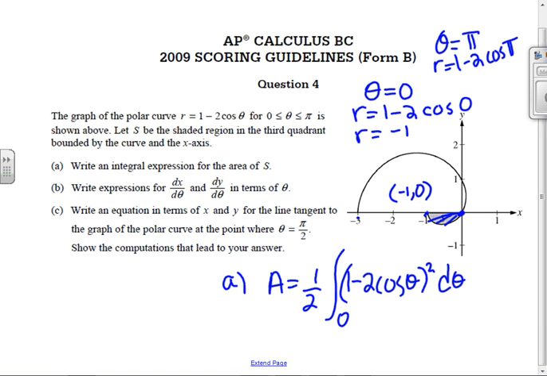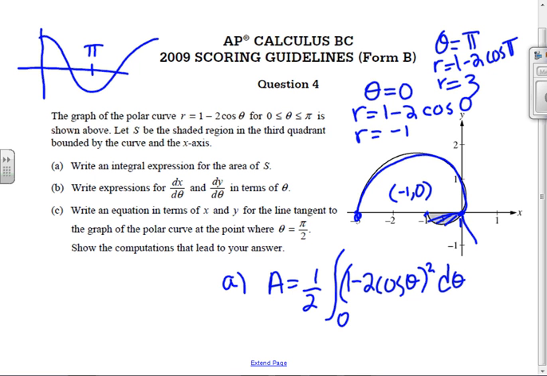What's the cosine of pi? Draw the picture. There's pi. It's -1. So this ends up being 3. So this angle here is pi, and it's a +3, so I'm right there.